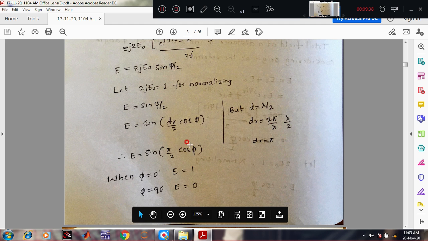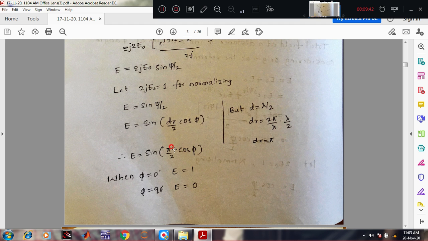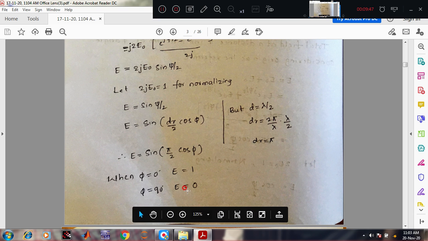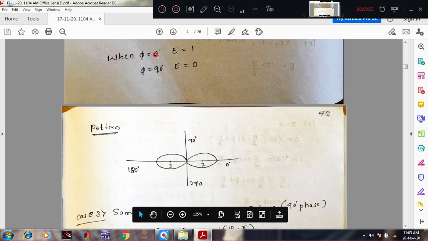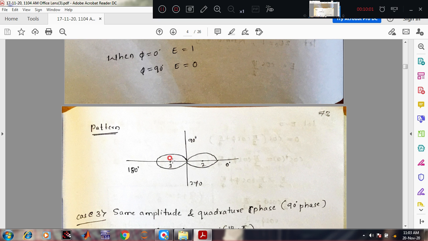Cos 90 degrees will be 0. 0 into pi by 2 will be 0. Sin 0 will be 0. Therefore the E value will be 0 when phi is 90 degrees, right? Next we will see that pattern. You can see that when the angle is 0 degrees, the field will be maximum. This is the pattern of the two isotropic point sources.